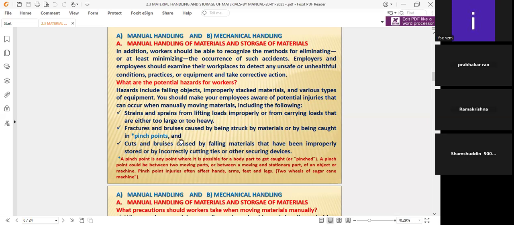All the people are at risk. Fractures and bruises, that means very serious strains or broken bones, caused by being struck by materials or being caught at pinch points.